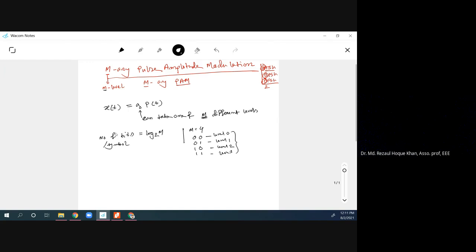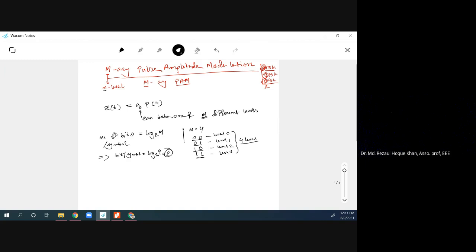So there are 4 levels, right? To express 4 levels, how many bits do we need? We need 2 bits. If M equals 4, the number of bits per symbol will be log 2 of 4, equal to 2. So we need any 2-bit combination to express 4 levels.